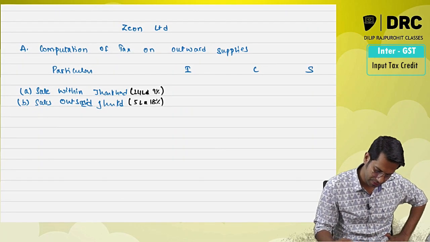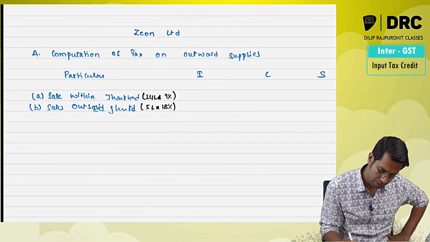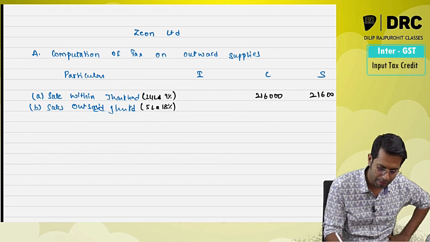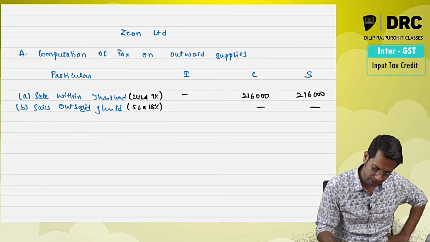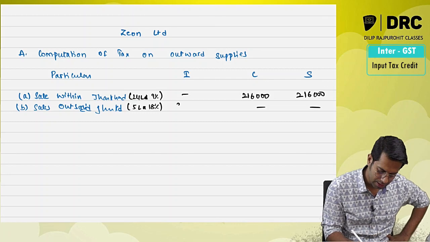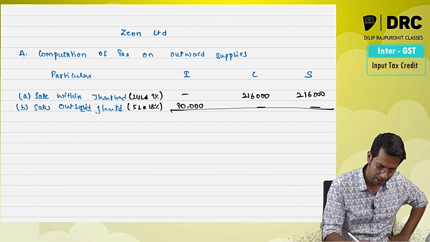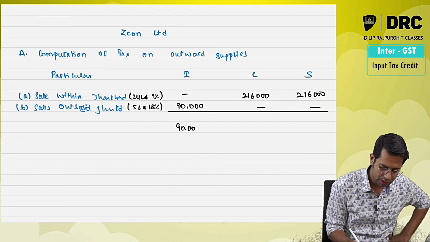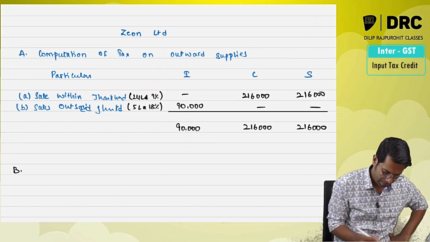So how much is the tax amount, sir? 24 lakhs into 9%. 2,16,000 CGST, 2,16,000 SGST. 5 18s are 90,000. 90,000 rupees IGST. So what is the tax on outward supply? 90,000, 2,16,000, 2,16,000.